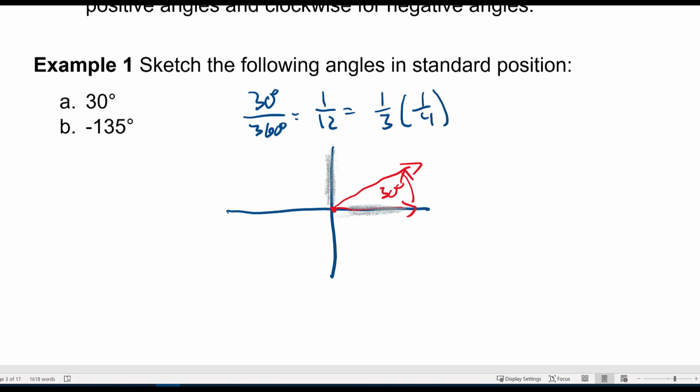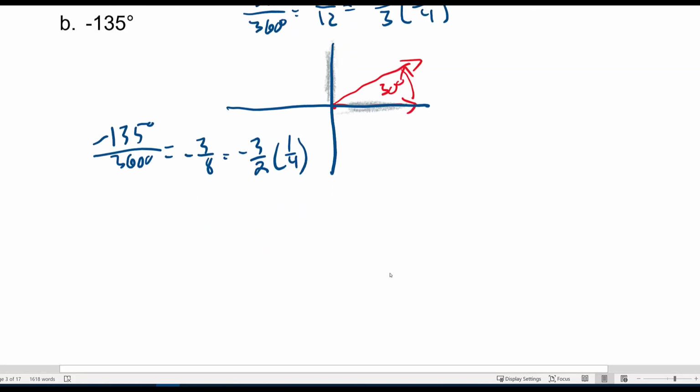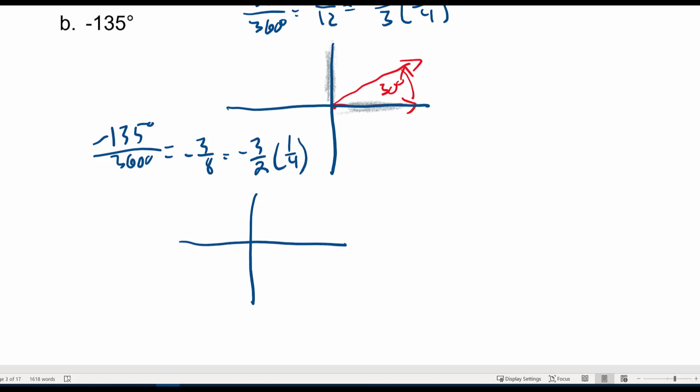And then let's look at negative 135 degrees. So negative 135 over 360 is going to be negative 3/8. So that's like saying negative 3/2 of 1/4. Again, if we look at a quarter, this is going in the negative direction now.